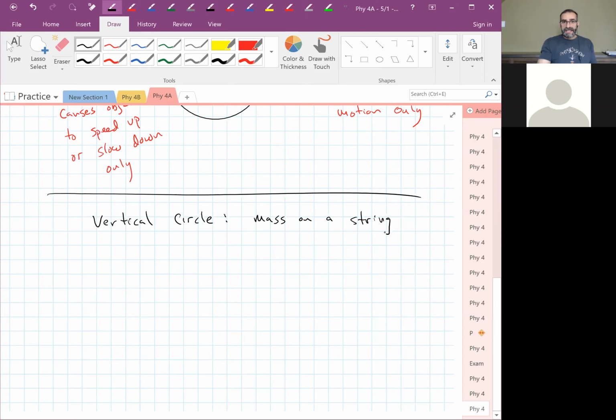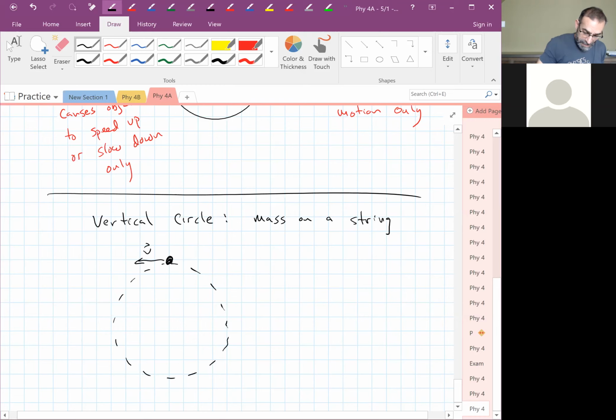So its motion forms a vertical plane and it's spinning like this or like this, however you want to visualize it. And so if we're looking from the side, we've got our mass here. It's got some velocity at that instant, but it's moving in a circular path. It's doing that, right? And here's our string.